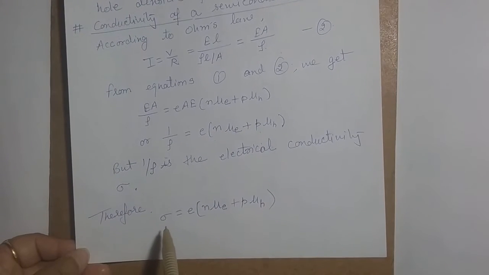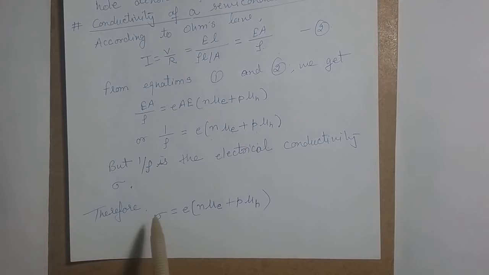So the conductivity for a given semiconductor will be given as the charge times the electron density and mobility of electrons plus the hole density and mobility of holes. This will be the required resultant conductivity.